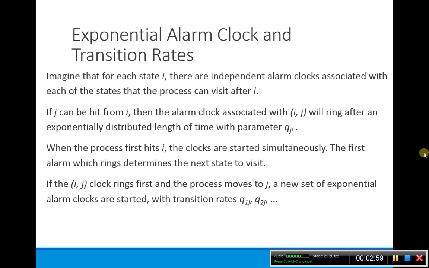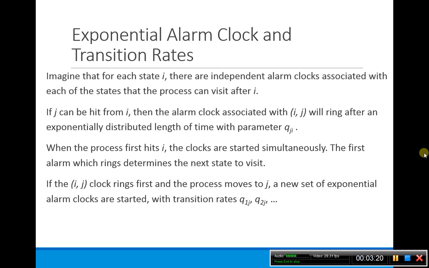Once we're in state j, we start this process all over again. Now there are certain states that we can go to from state j. Let's assume we can go to state 1, state 2, etc. from state j. Then we have these transition rates called q_1j, q_2j. Basically, these are the rates at which those alarm clocks are distributed.